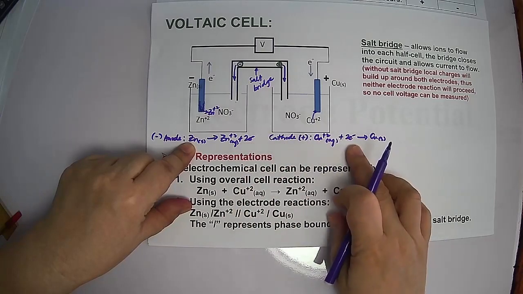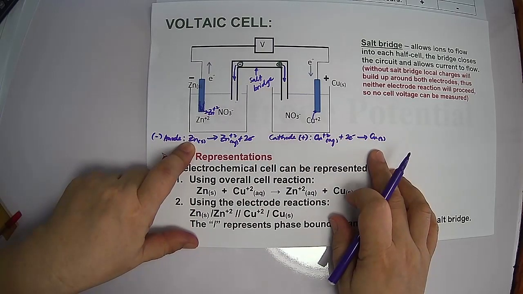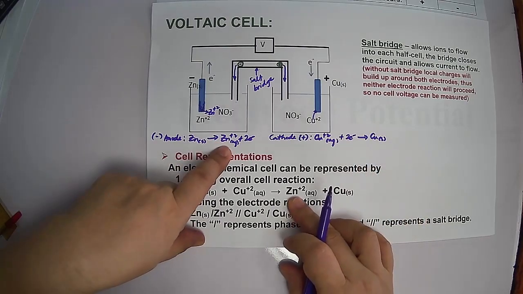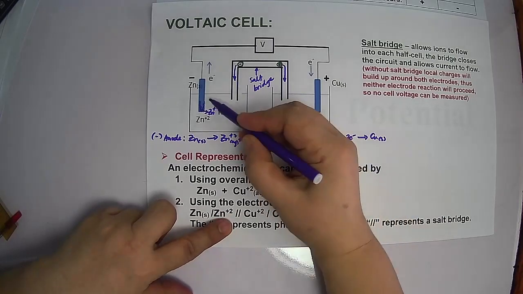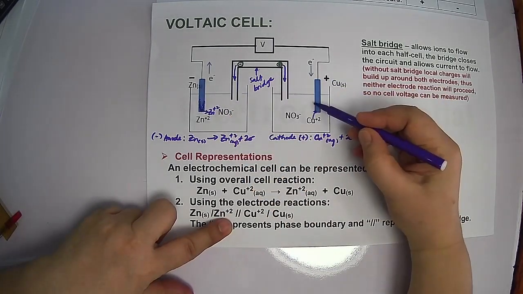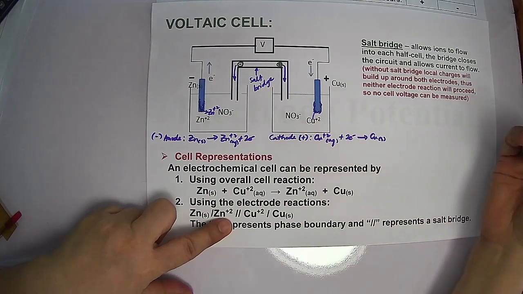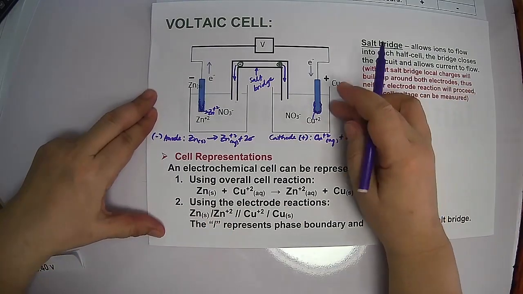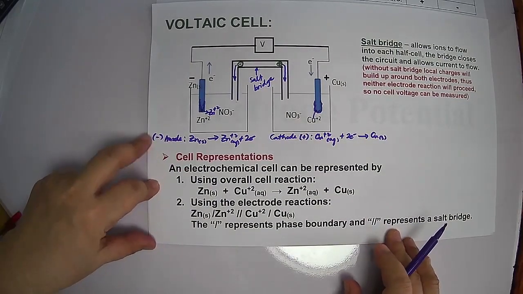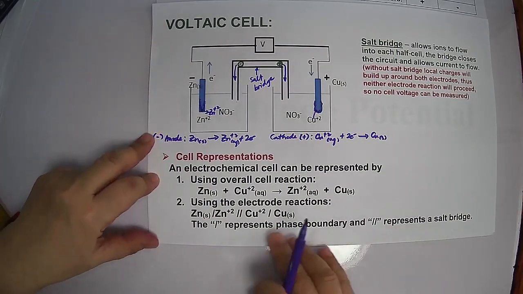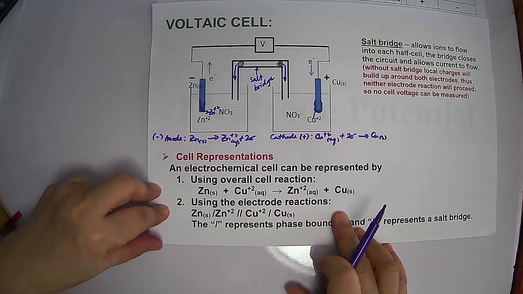The two electrons will cancel out because they are present on both sides of the equation. And your products are the zinc ion and the copper as the electrode. So as the zinc electrode diminishes, there is deposit of the copper metal around this electrode, the cathode.